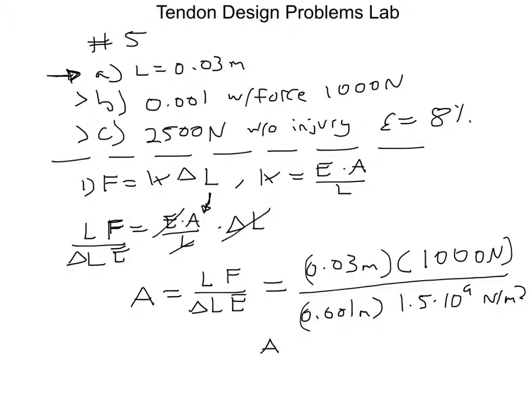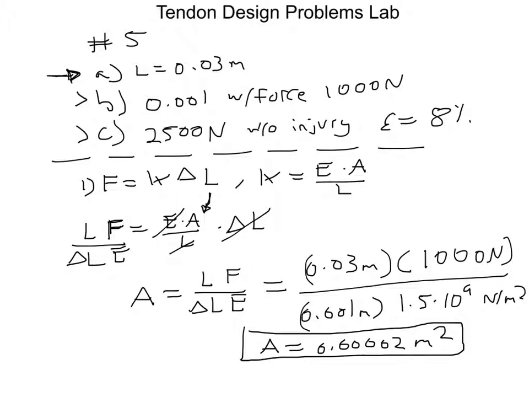And when we multiply and divide, we find that the area of the tendon needs to equal 0.00002 meters squared. So this gives us the cross-sectional area of the tendon so that it meets requirements A and B.